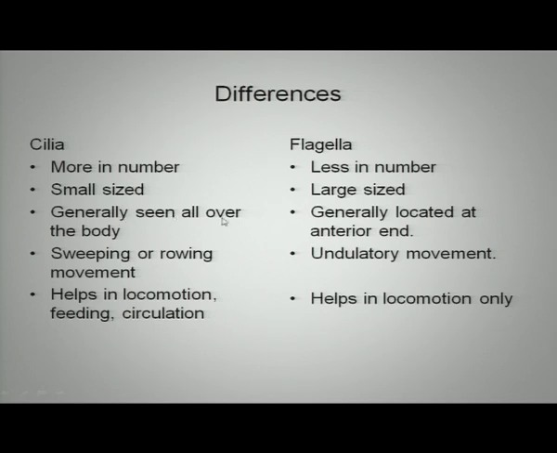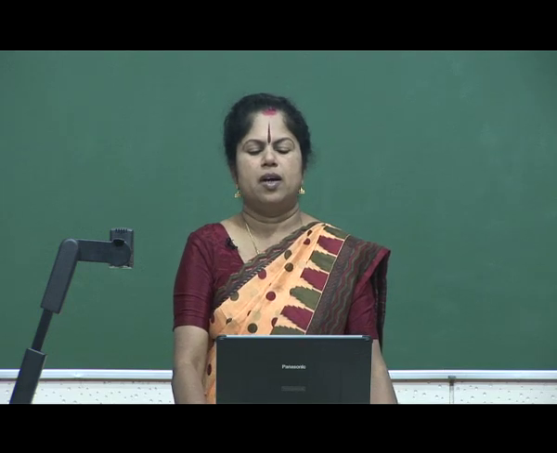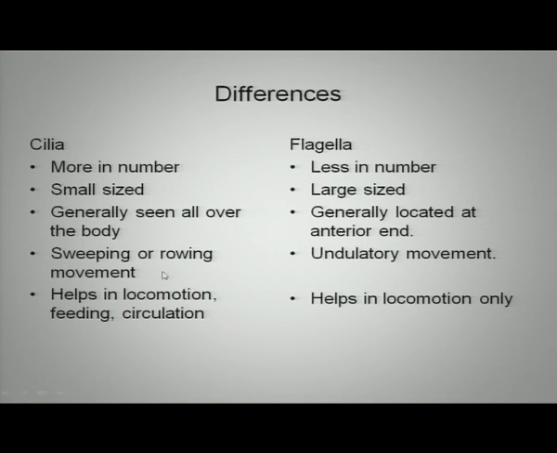Generally, cilia are seen all over the body surface, but flagellum is generally located at the anterior end of the organism. And regarding the movement, cilia help in sweeping or rowing movement, whereas flagellum helps in undulatory movement.